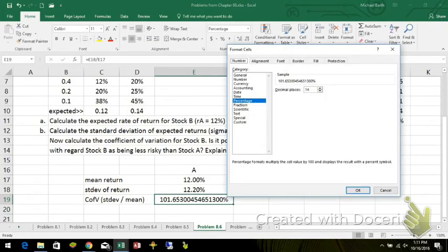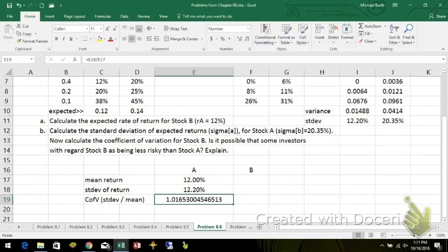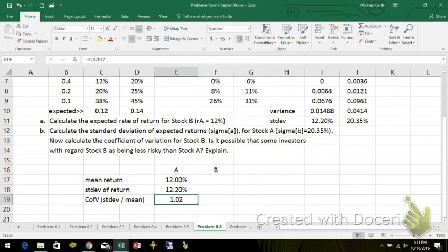And again, I don't know why Excel does that, but it's done it since I've been using it. We do the same calculation for B, a 14% return, but a much wider variation in the return.